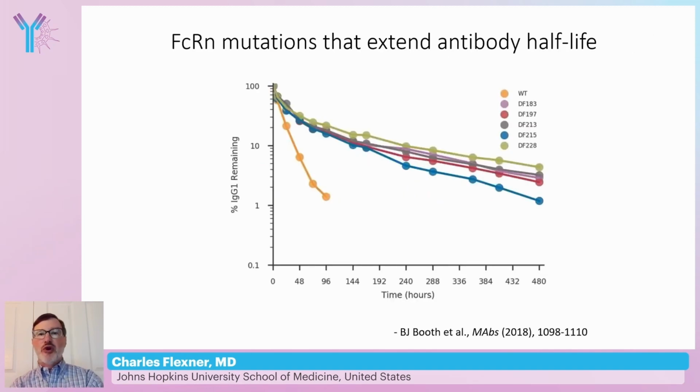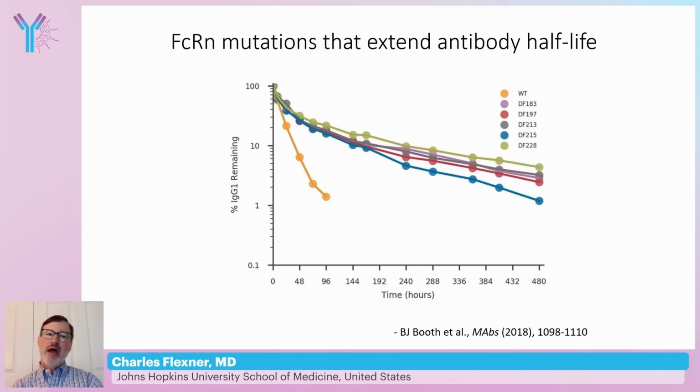This is a figure from an experiment carried out in mice using murine antibodies. Each of these antibodies in the different colors here has a different mutation in the FC binding domain that leads to greater binding affinity for the murine FcRn.